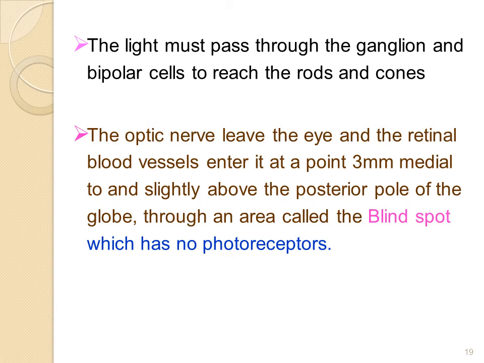So the light must pass through these to reach the rods and cones and give actual vision.